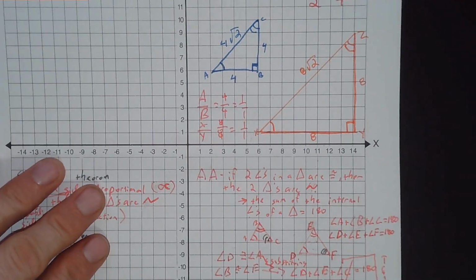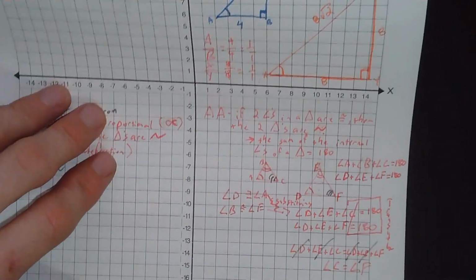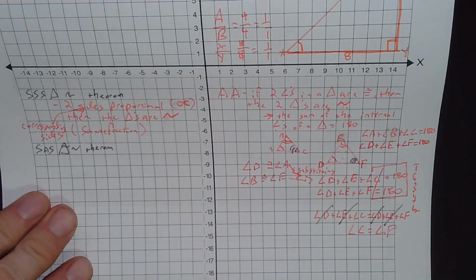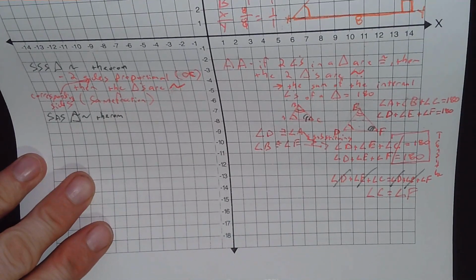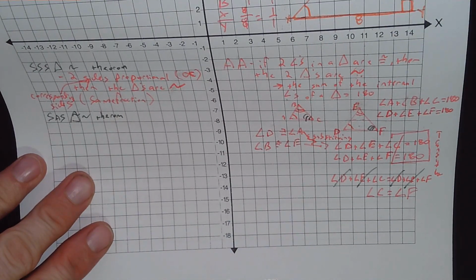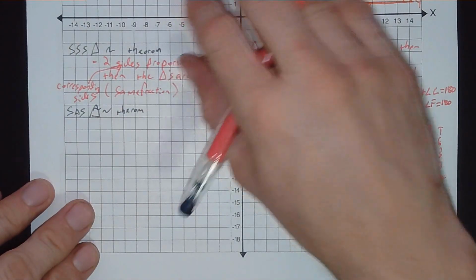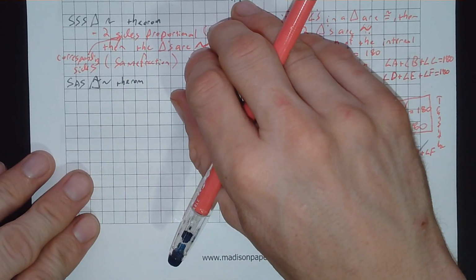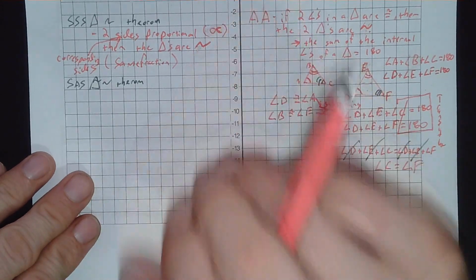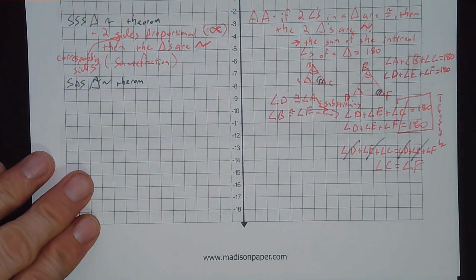That's the corresponding sides. So this one is saying the lengths of two sides are proportional and their included angles are congruent on the two different triangles, and the triangles are similar. So let's look at that one more in detail here. Just let me find an example real quick.